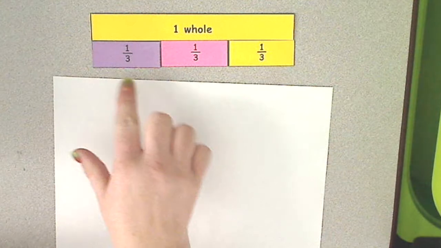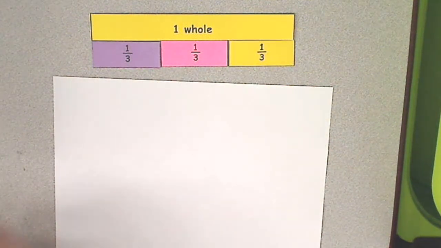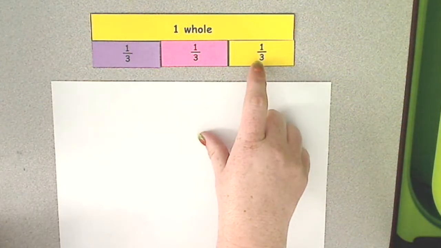Now in this case, 3/3 put together equals one whole. And we could also determine the fraction based on different aspects. I could say, what fraction of this strip is yellow? Well, yellow would be 1/3.